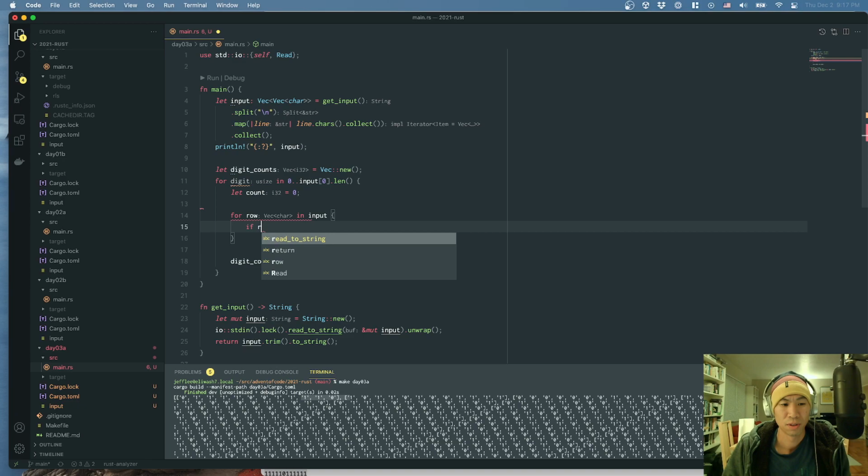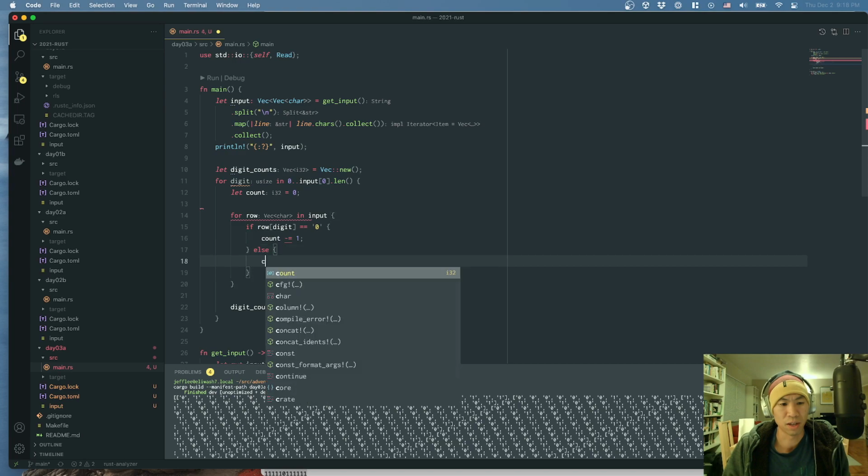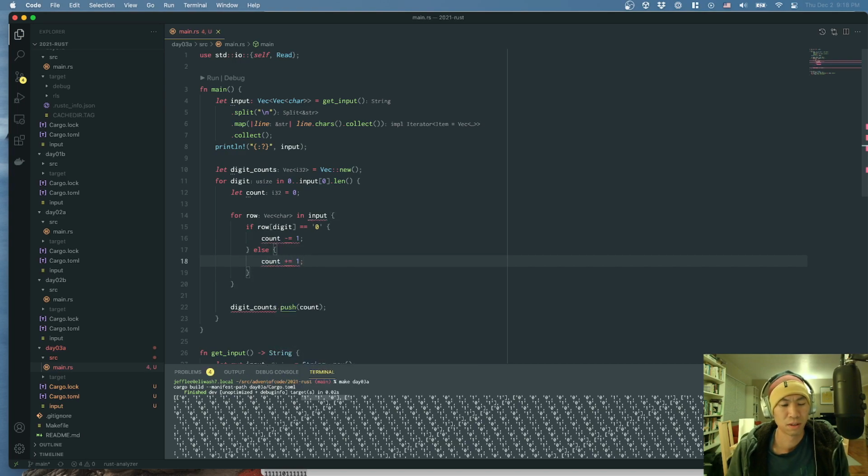If row digit equals the character 0, then we're subtracting 1 from the count. Otherwise, we're adding 1 to the count.